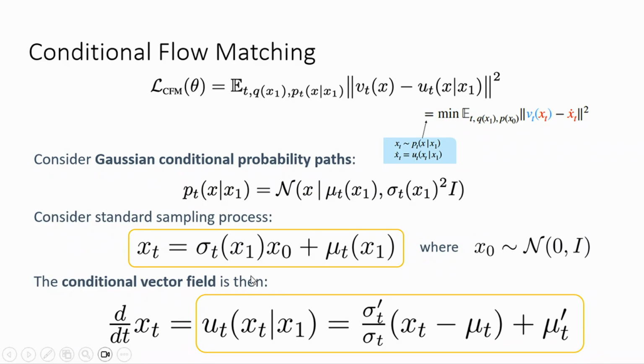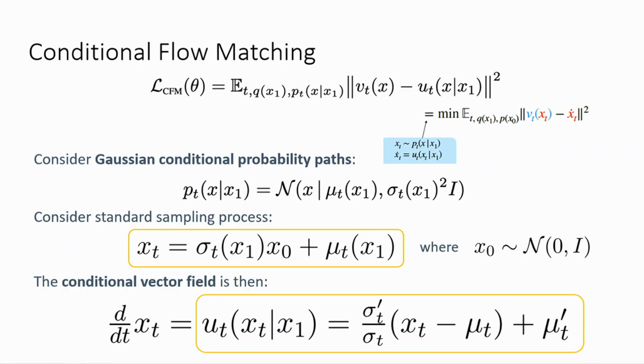We don't even need to prove that this is a legitimate vector field, because it is derived from this Gaussian probability path, where at each time point we make sure it's a legitimate distribution.